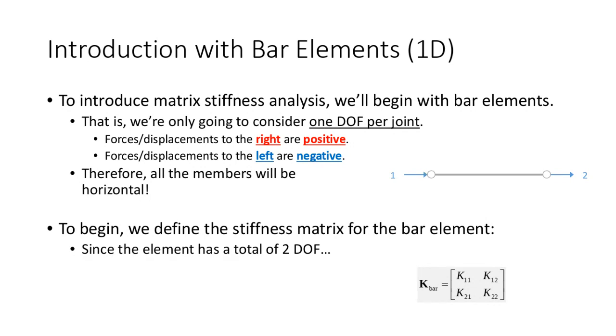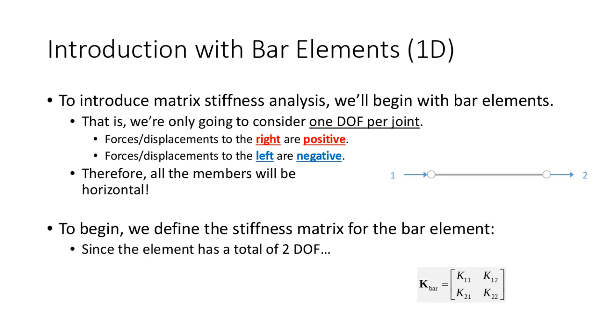But when I say an element is one-dimensional, yes, we're talking about just horizontal forces, but really what I'm after is that each joint only has 1 degree of freedom. So there's only one unknown displacement at each joint, a displacement at joint 1 and a displacement at joint 2. So for a bar element, the stiffness matrix is going to be 2 by 2.